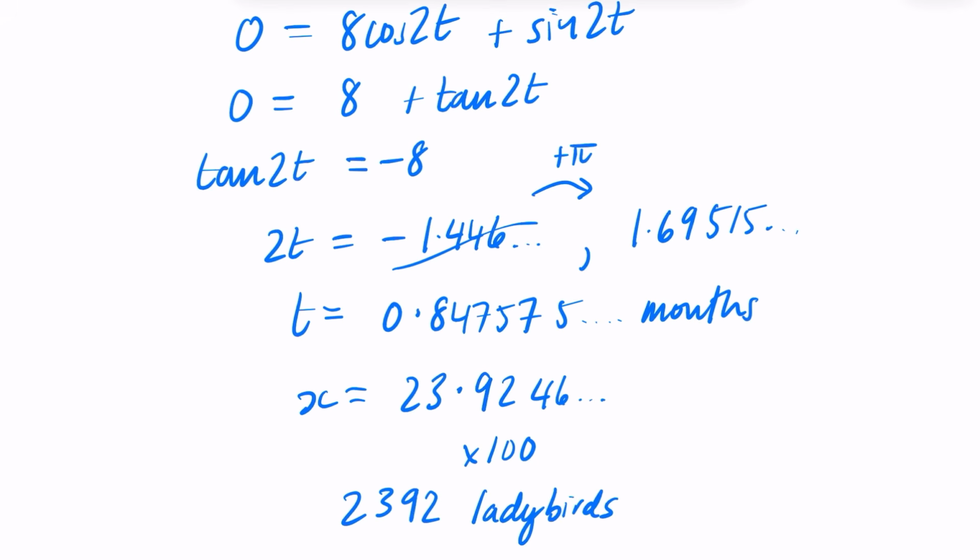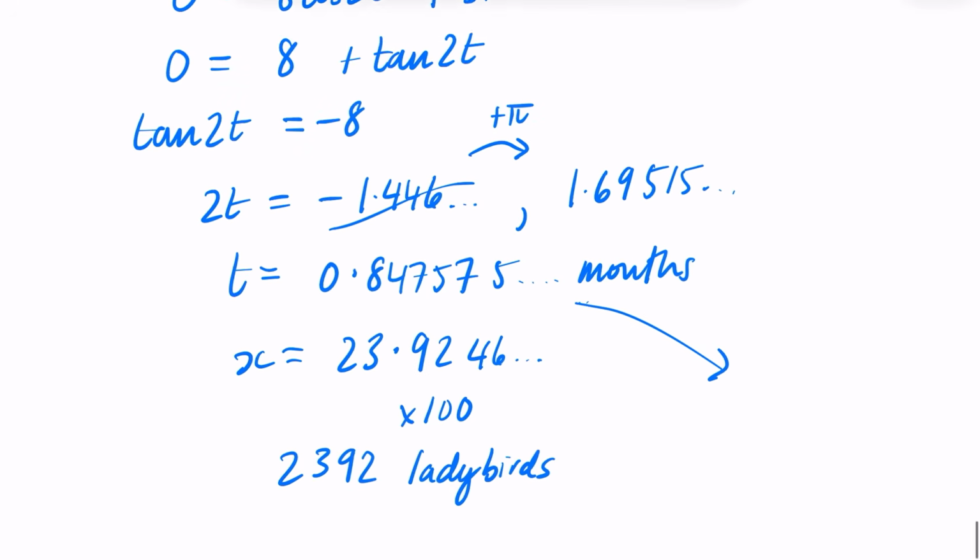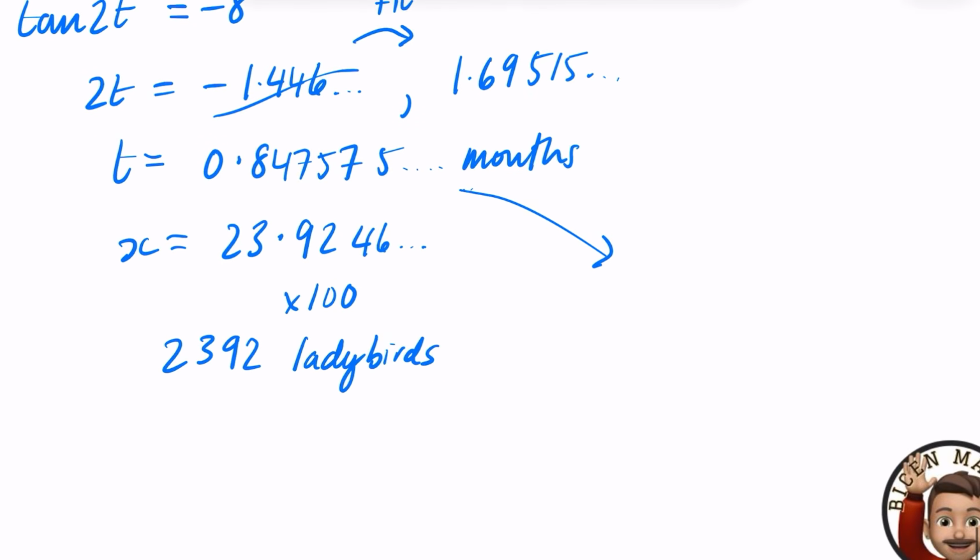And the time that this will occur, well, I'm going to multiply it by 30. Obviously, you can multiply it by 31. It's really just an approximate time for this. Because to go from a month to days, I will do 0.847 and so on, and multiply that by 30. They would accept, I think, a couple of answers for this. 0.847575 times 30, yeah, that's 25.4.